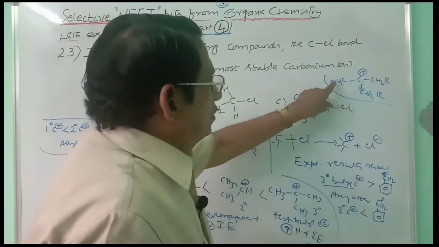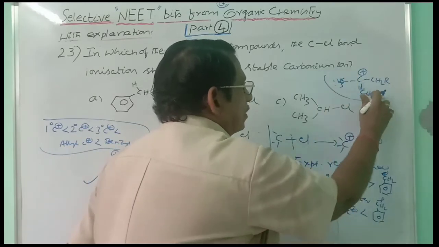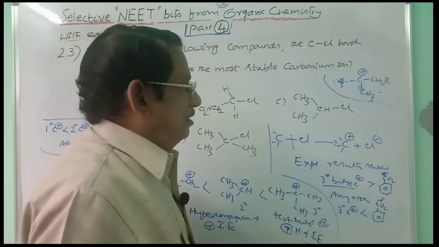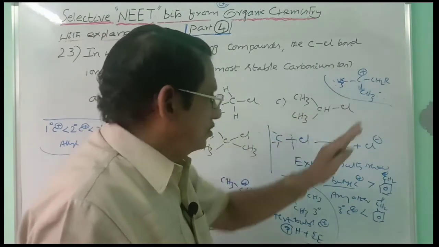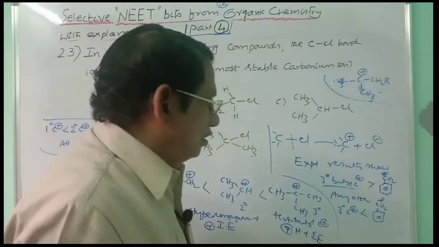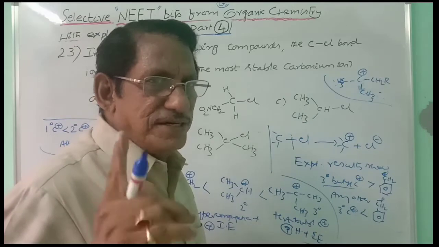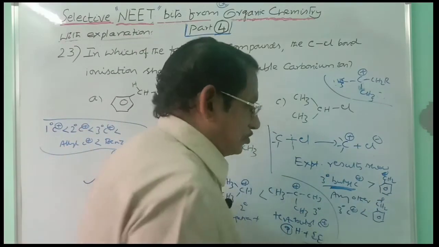Even you can take CH3 here, or any other tertiary alkyl carbocation except tertiary butyl. All these tertiary carbocations are less stable than benzyl carbocation. The only exceptional case is tertiary butyl carbocation. This is the experimental evidence.